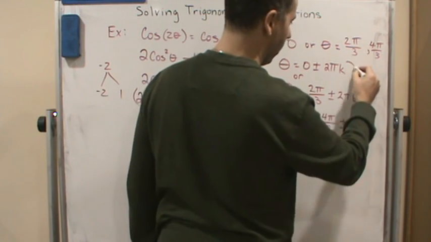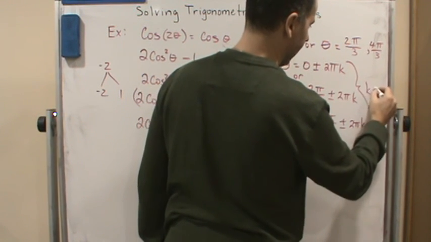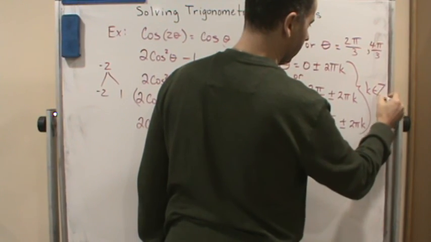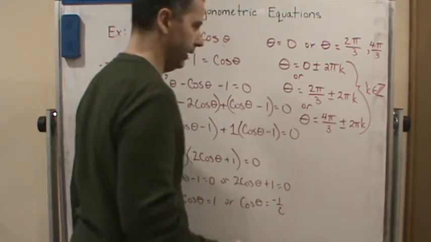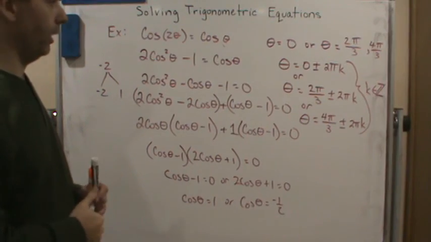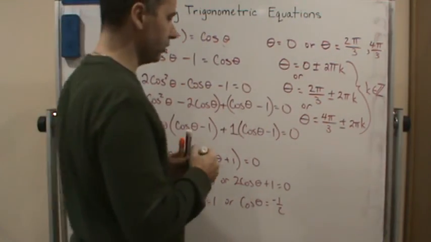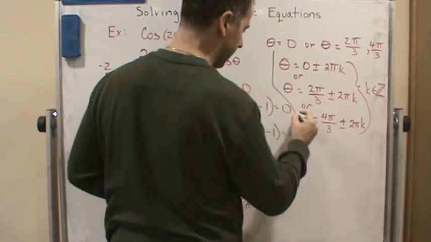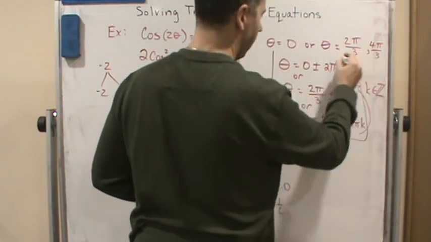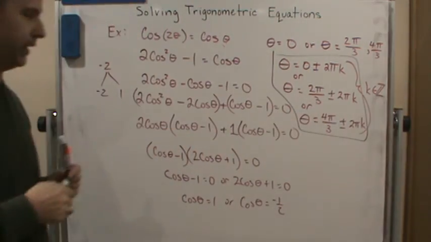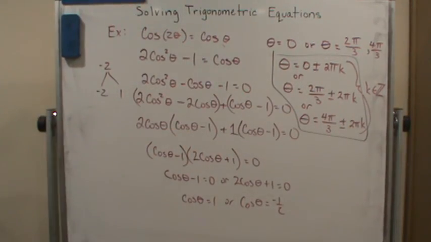And of course, for all of these, k is an integer. And so the solution set contains all of these, and that would be an infinite number of solutions.